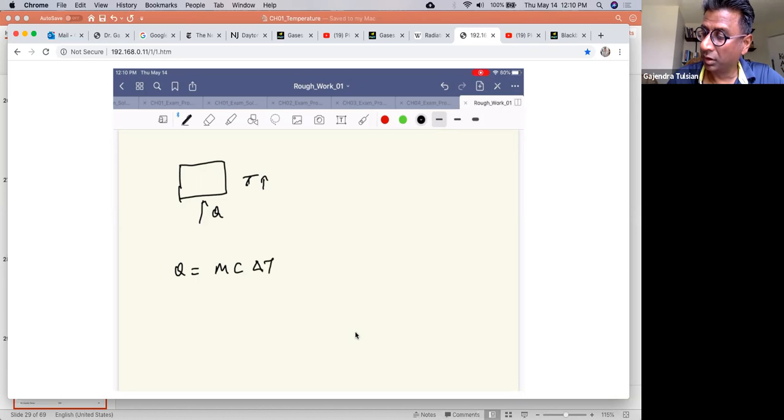The temperature rise will depend on how much mass you have. So the amount of heat added is the mass of the object times its specific heat times the rise in temperature. So if this was 1 kg and the rise in temperature was 1 degree Celsius, the specific heat is the amount of heat added per unit mass per degree rise in temperature.